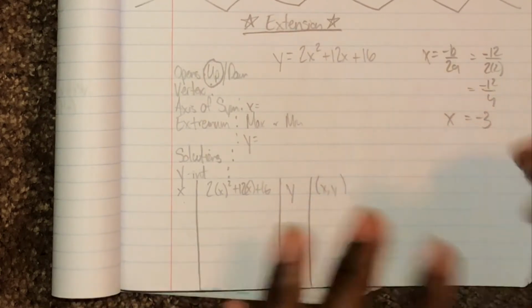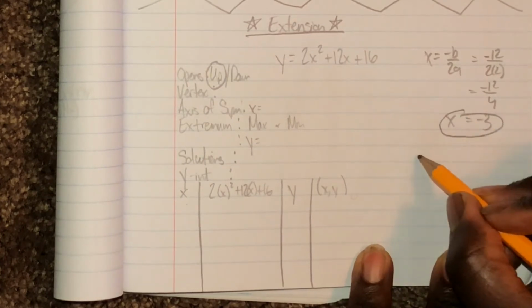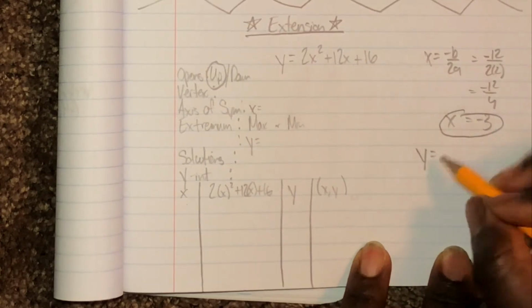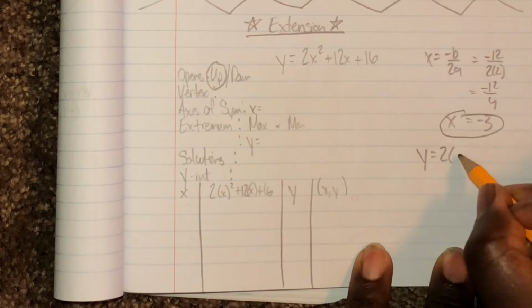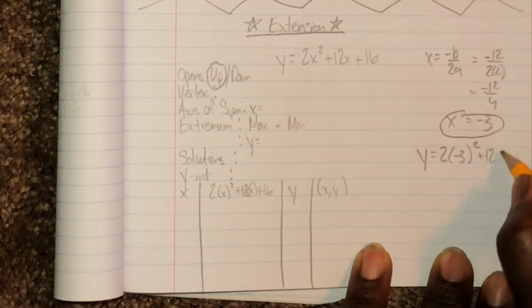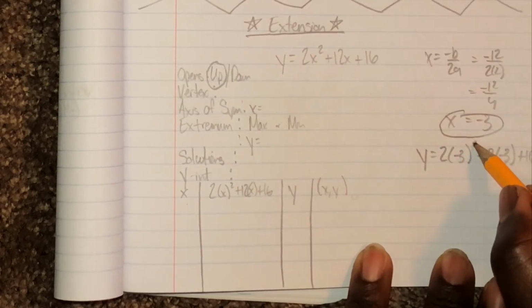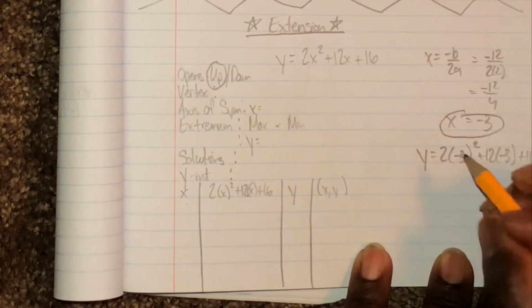For the sake of space, I'm gonna continue over here. That's my x. Y is equal to 2 times negative 3 squared plus 12 times negative 3 plus 16. Negative 3 squared will give me, that's right, a positive 9.